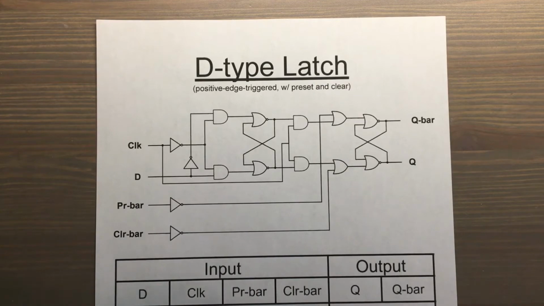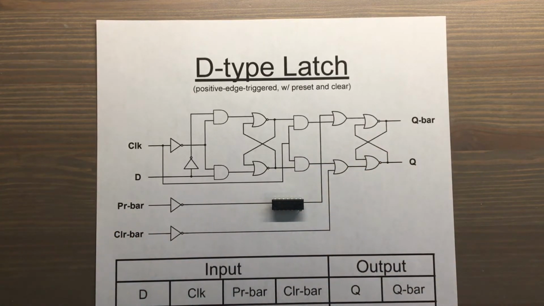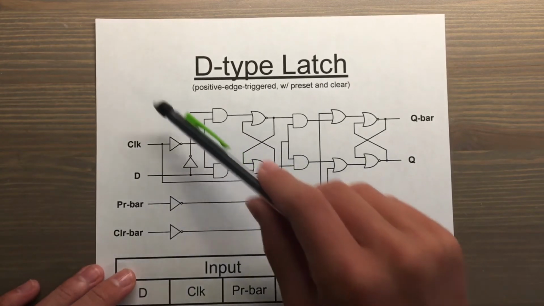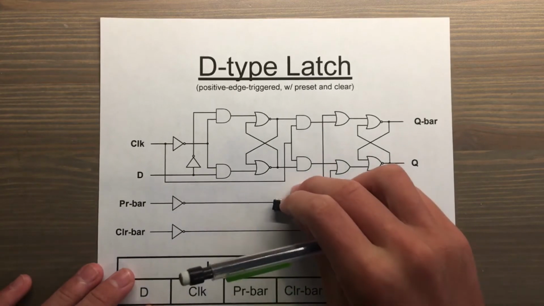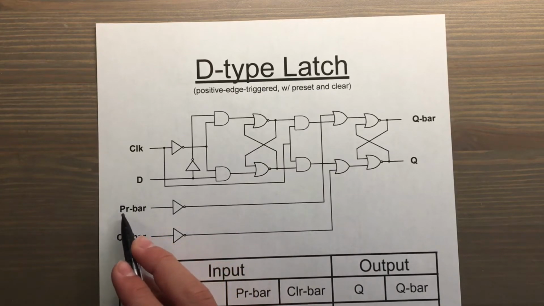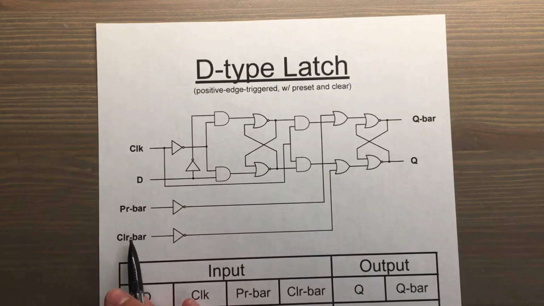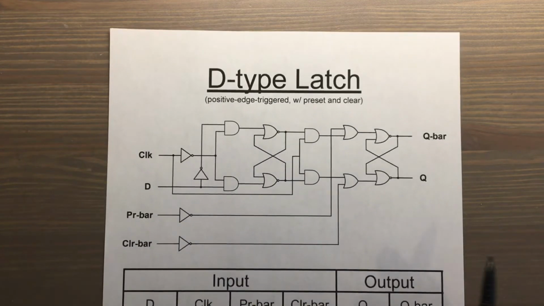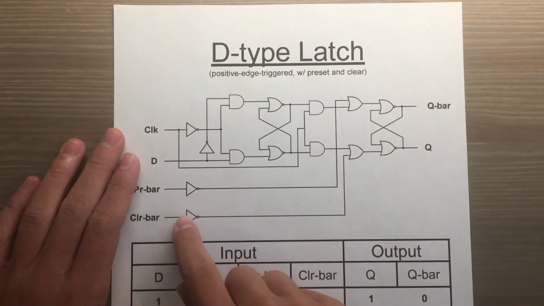But the chip I'm going to be using for this circuit in future videos is the 74LS74 chip, which has 2 of these D-type latches, so I just wanted it to be consistent. And you'll also notice that because I'm using that chip, our preset and clear have a bar here, which means they're inverted.